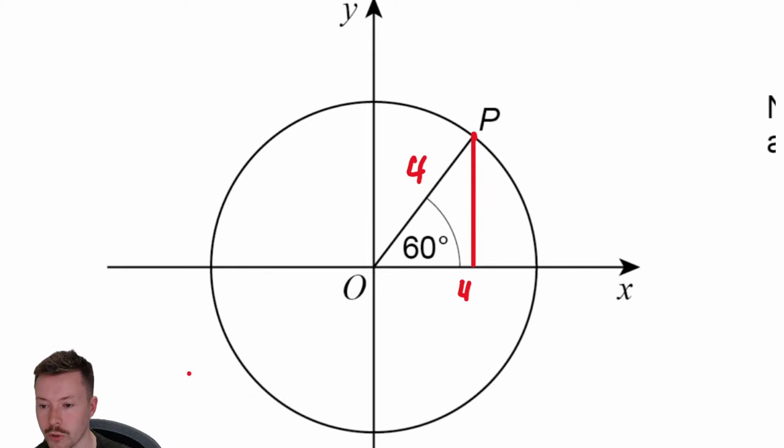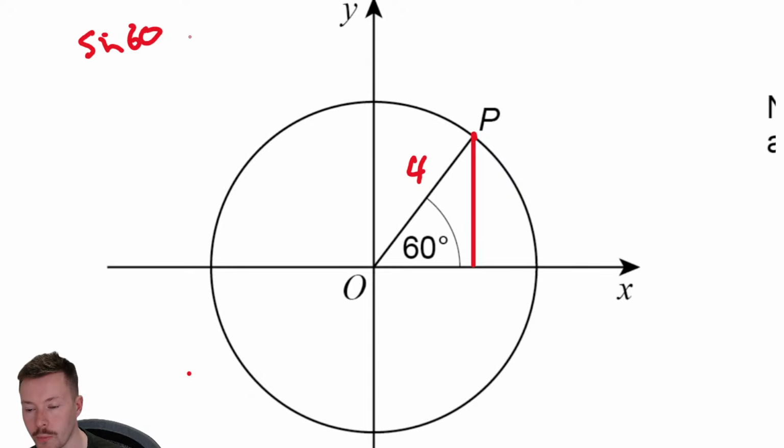I can use trigonometry because I can work out that height in this base. So let's do that. This side here is going to be opposite and hypotenuse, so that's sine. So sin 60 is opposite over hypotenuse, so 4 sin 60.